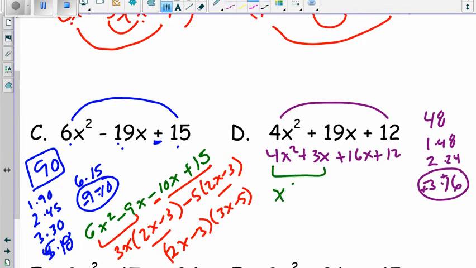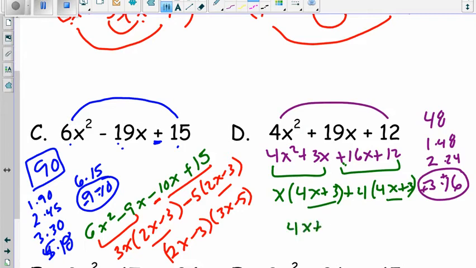Looks like I can factor an x out. And then I'm going to look at my last two terms. Remember, that sign's positive, so this one has to be positive. And it looks like I can factor a 4 out. And then I have the 4x plus 3's that are the same, so the grouping method worked. And whatever I have left, I write as its own binomial.